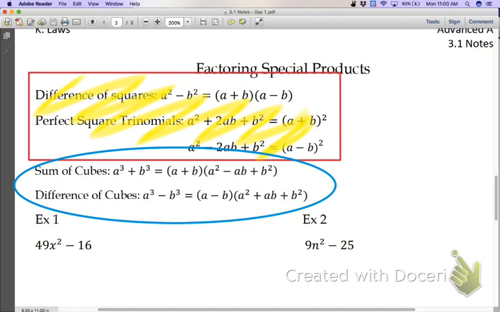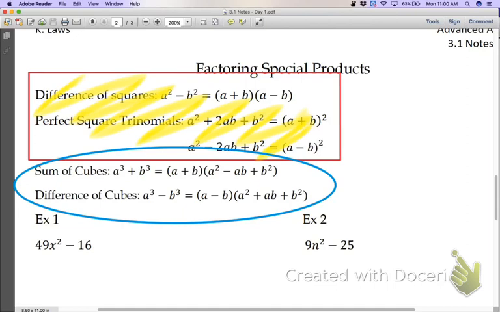The only thing here is, with any sort of trinomial, always look to see if the first term is a perfect square and if the last term is a perfect square. If it is, that's what I want to try first, because some of those numbers can get really big really fast, and I want to keep that from happening.